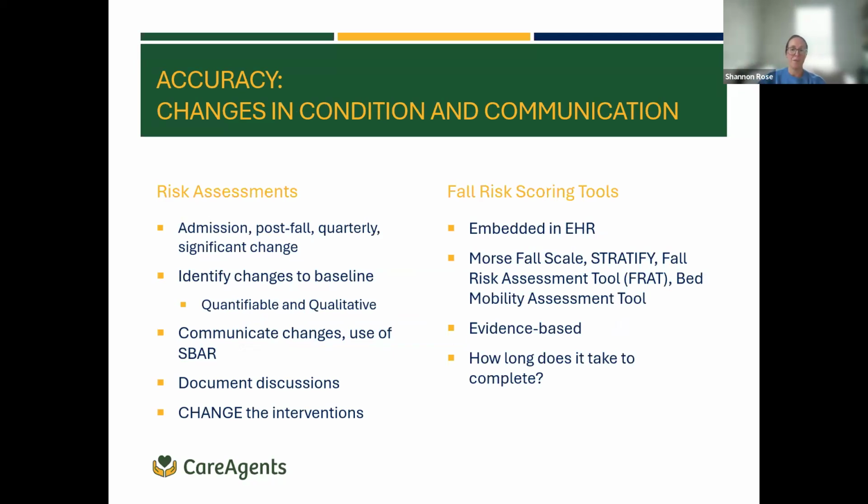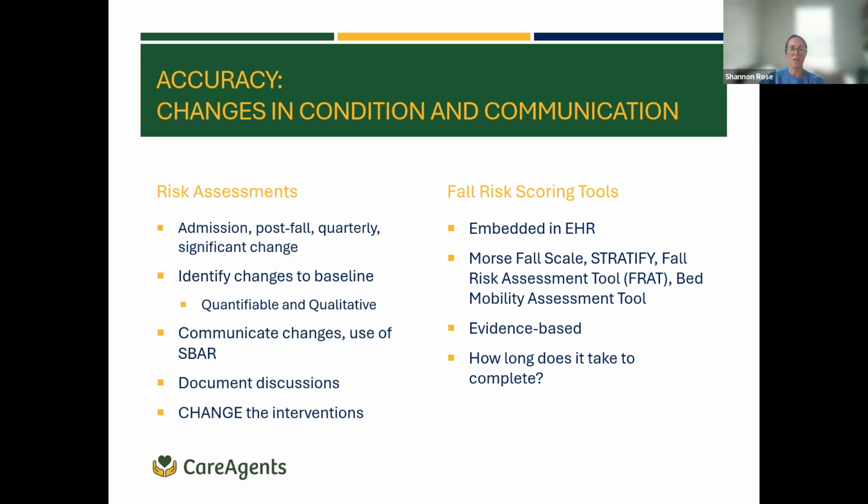When doing fall risk assessments, which should be done on admission, post-fall, quarterly, and with significant change, we should be documenting changes to baseline, and you may want to note any quantitative changes to a score and which risk factors have changed compared to baseline. And fall risk scoring is often embedded in the EHR, which makes it easier.